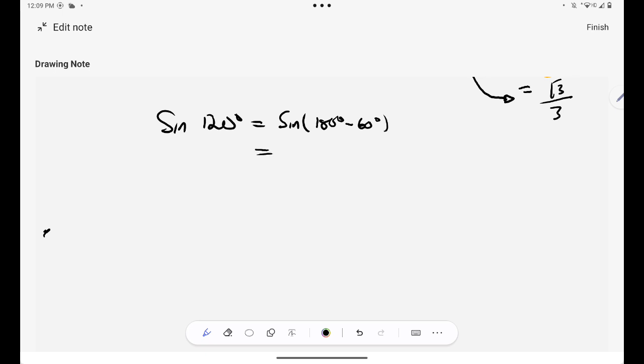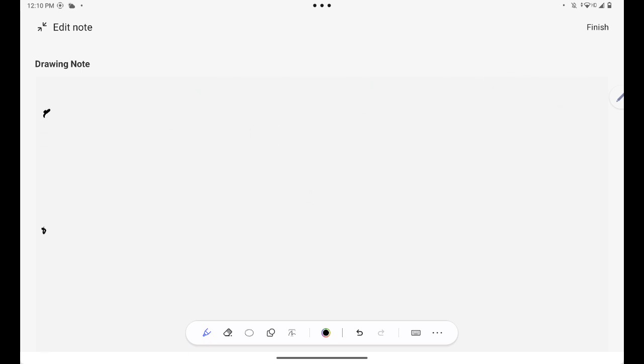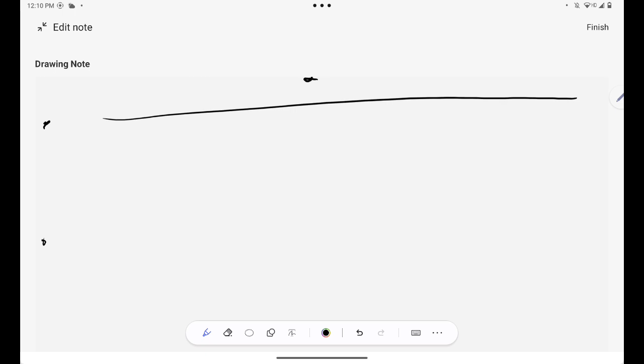This is in the second quadrant where sine is positive, so I'll simply have sine of 60 degrees, which will give me the square root of 3 over 2. Are you together? So the steps, guys, are the same. You reduce angles, check whether there are two things you can change into one, change everything into sine and cos, and then simplify.